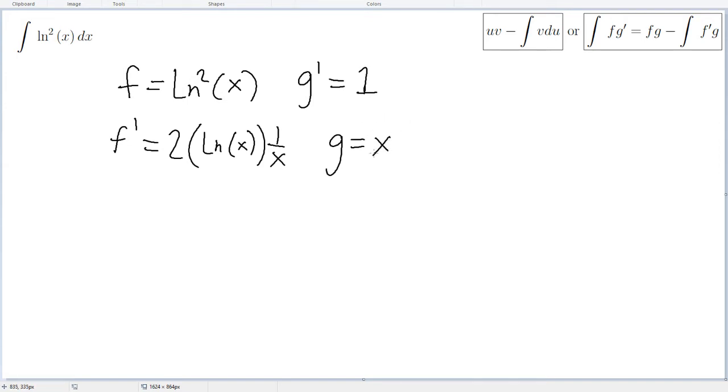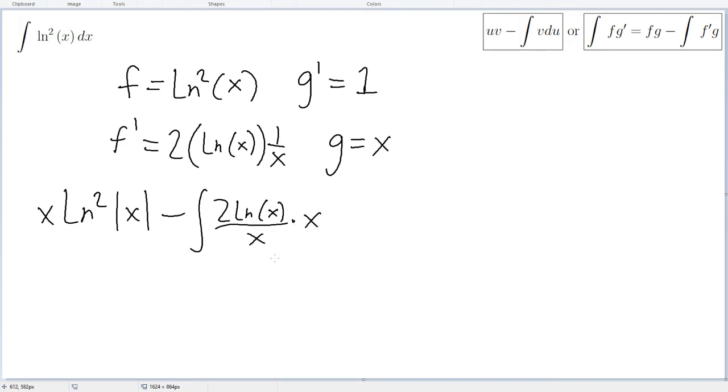So now we go ahead, do our formation, we set it up. We have ln squared minus the integral of 2 ln of x times x. The x's cancel out, right? So we pretty much just get this instead.